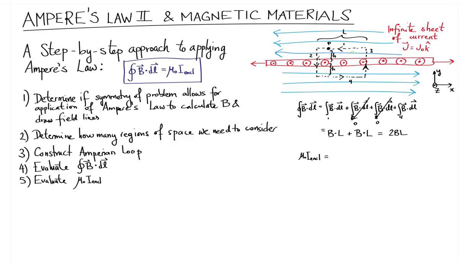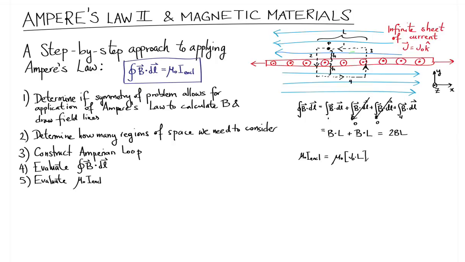In this case, because it's an infinitely thin sheet, this current density is a current per unit length, so it'll just be J naught. So it'll be mu naught times J naught times the length of this. If it was a slab, then it would be J naught times the area enclosed. But we're saying this is an infinite, thin sheet, so J naught times the length. The longer the loop, the more of these little wires are enclosed, so the more current is in there.